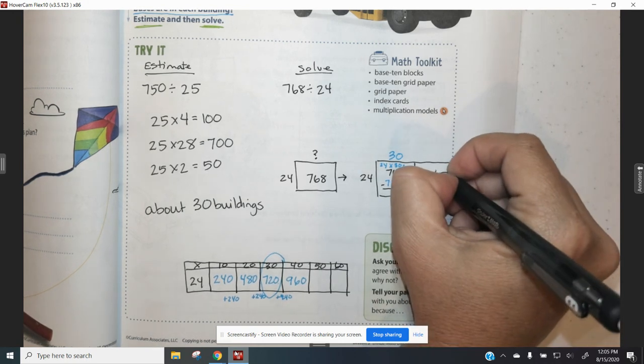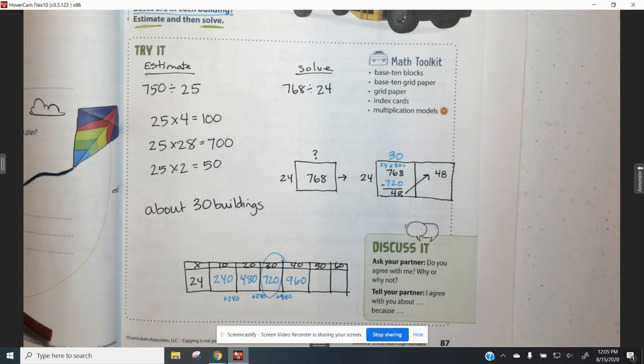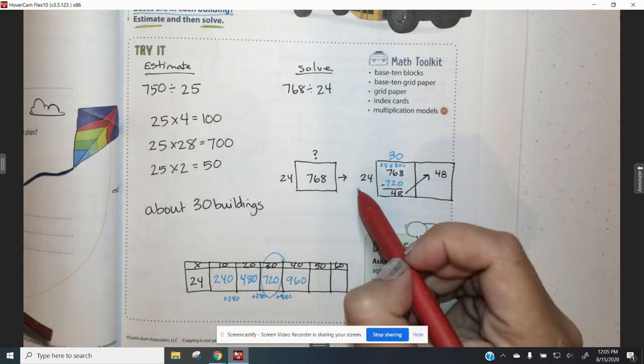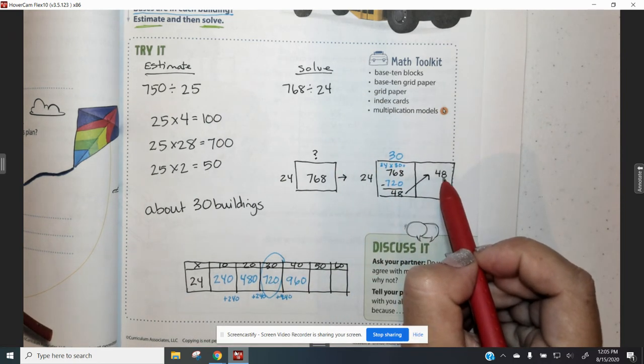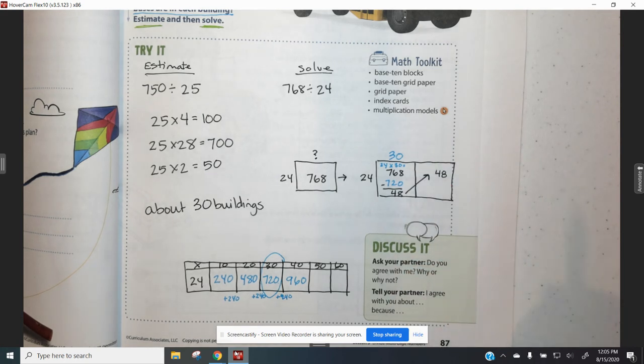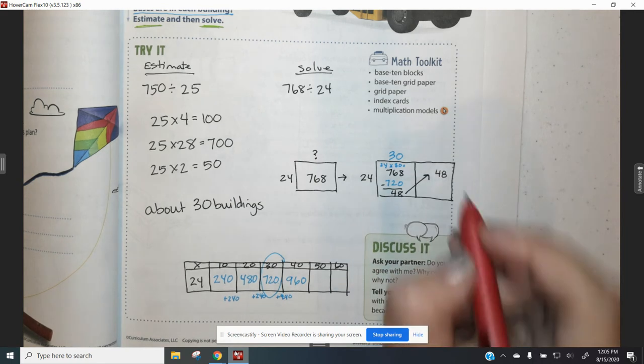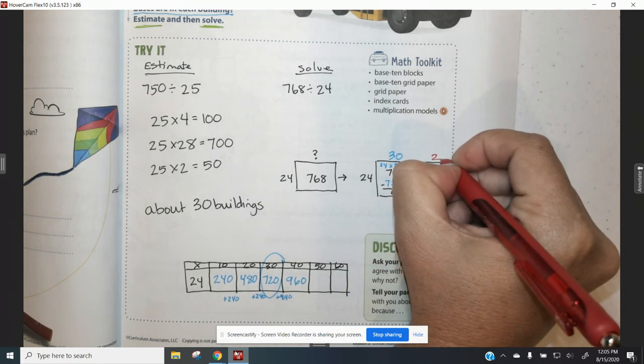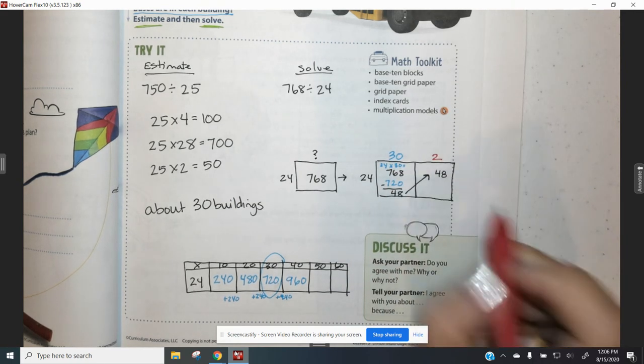So we put the 48 up top, and now we're going to say, how many times does 24 go into 48? Well, I know that 24 plus 24 is 48. So I know it can go in 2 times. So I'm going to put the 2 up top for our next partial quotient.